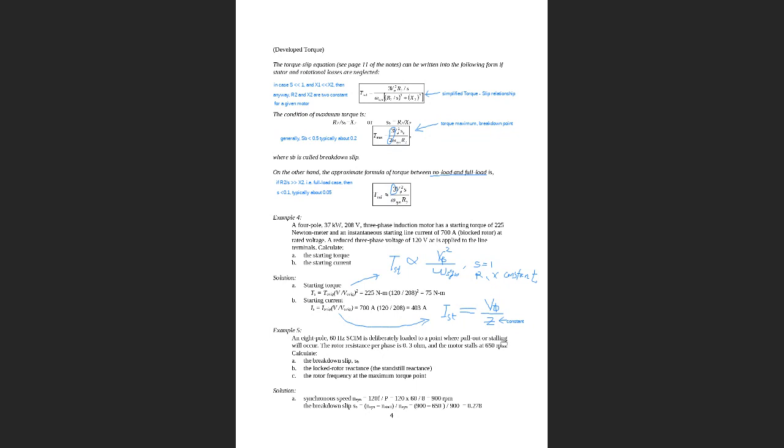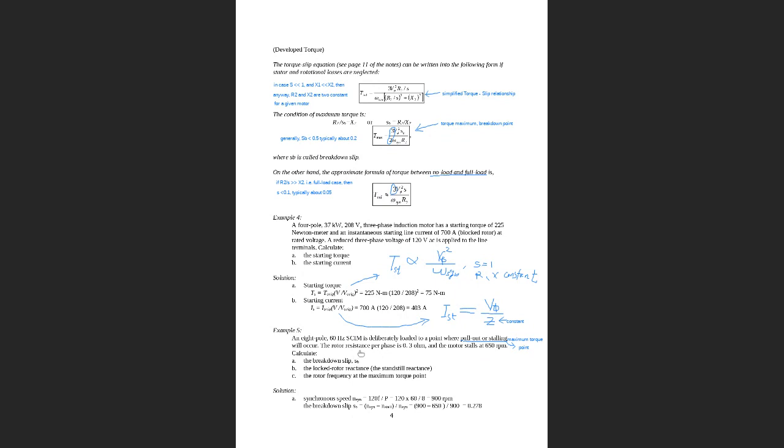Pull-out or stalling means that they reach the maximum torque point.